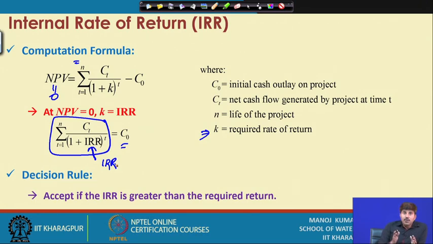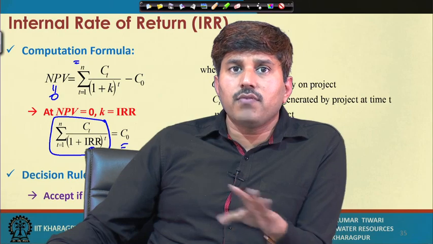Now, how we take a decision based on the internal rate of return is simple: there is a preset return needed. Let us say if I am investing a certain amount, I will ask how much return it is going to give me. If it is going to give me more than 12% return, I can consider it, otherwise I will not.